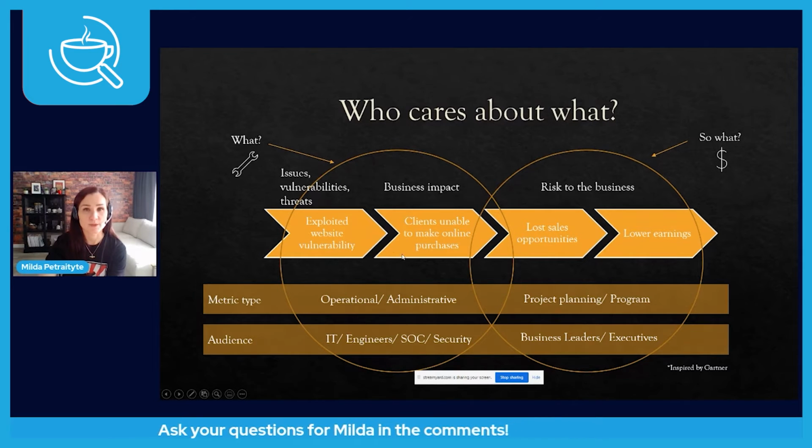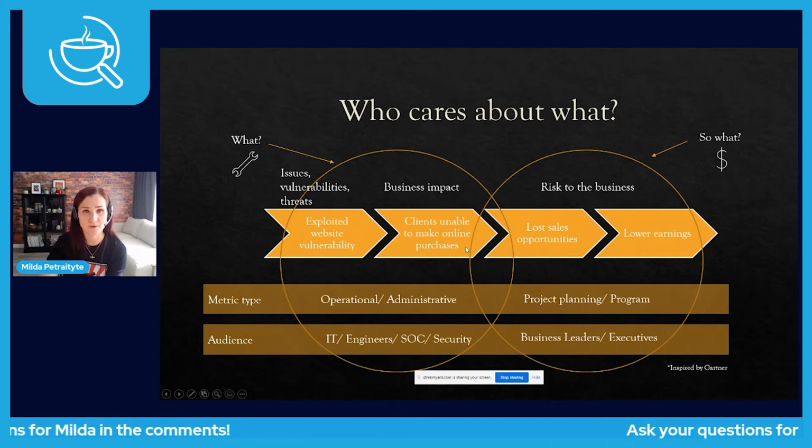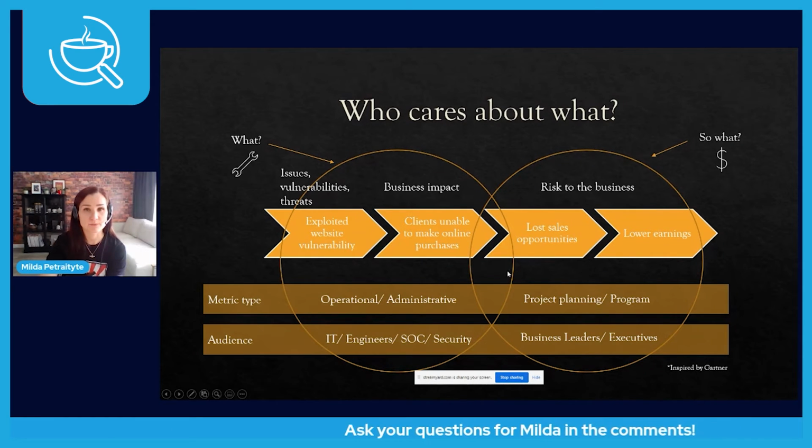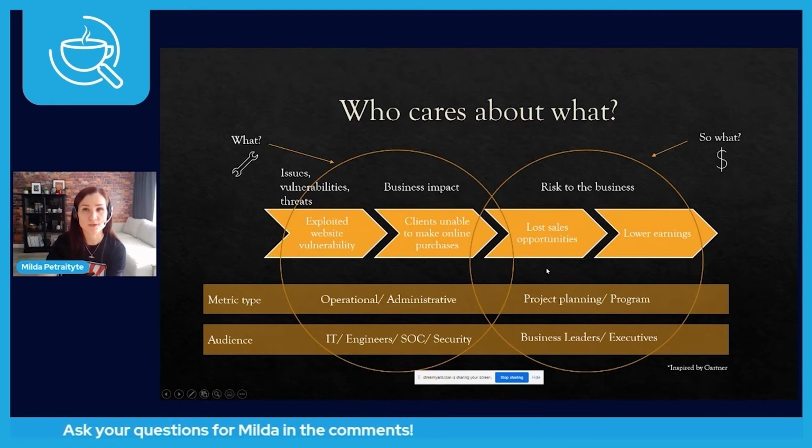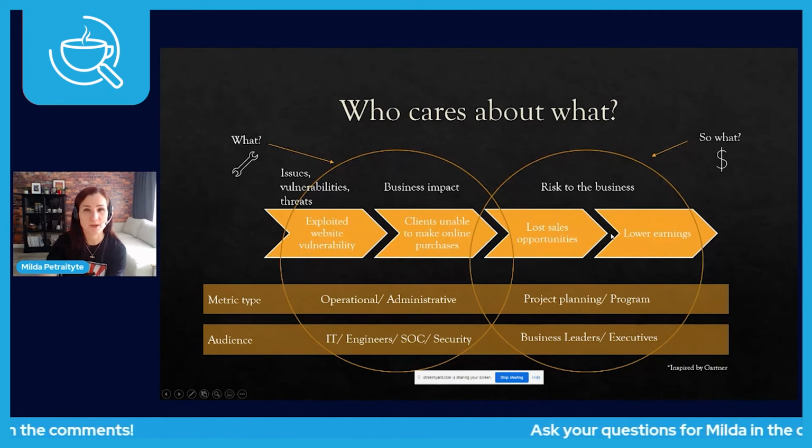Next level would be understanding how that impacts the business. What does it mean if we have that vulnerability on a website? Then it gives more context in terms of the business and its goals, and the performance of the business overall. Now, who cares about what?